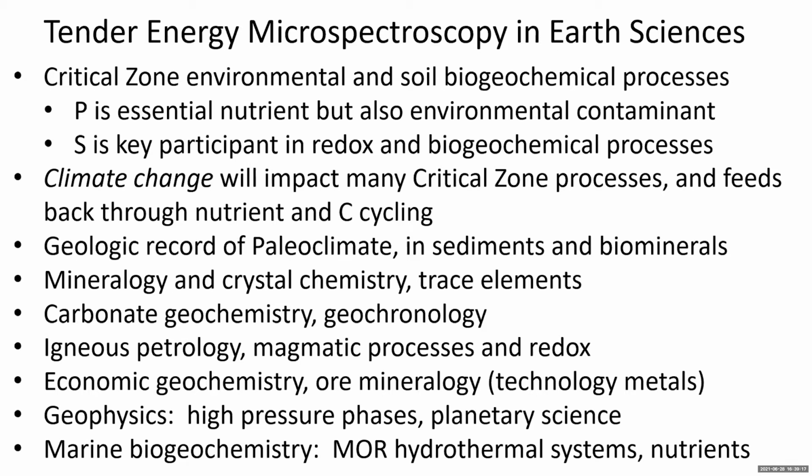Sulfur in soils and sediments is a key participant in redox and biogeochemical processes. Climate change will impact many critical zone processes, and this feeds back on climate through nutrient cycling and carbon cycling. The geologic record of paleoclimate is also recorded in sediments and in biominerals.